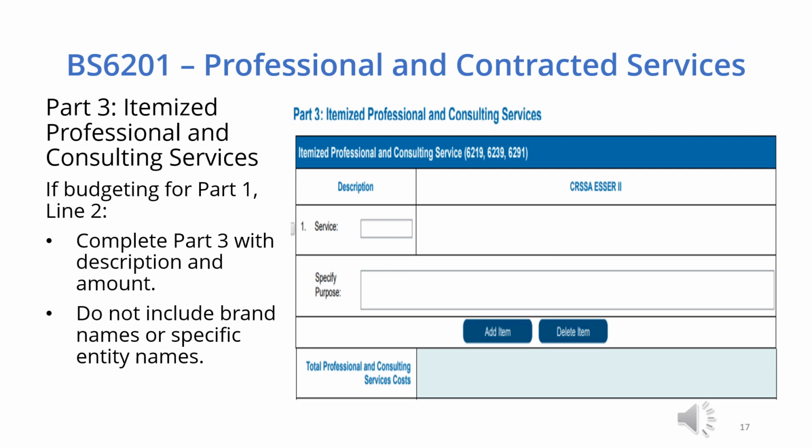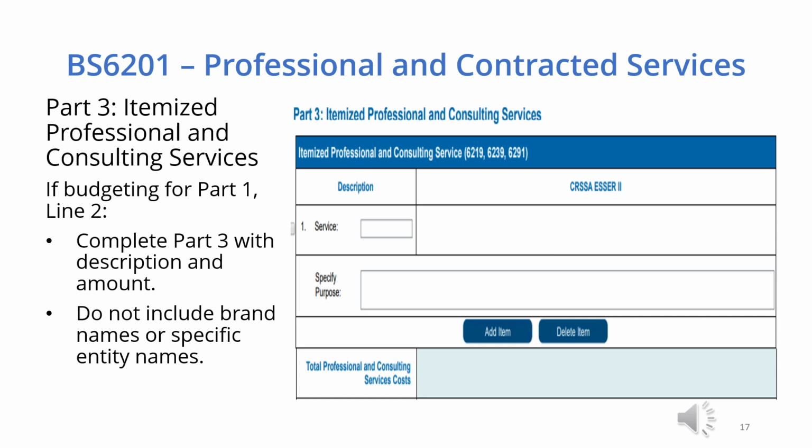Part 3, Itemized Professional and Consulting Services. For any costs that you identified on Part 1, Line 2, you will need to itemize them here in Part 3. You will enter a brief description of the service, like professional development. The purpose for the service, like professional development for teachers on remote learning. And you will enter a dollar amount.